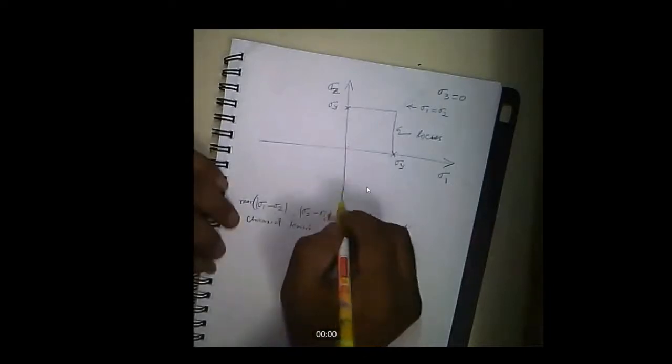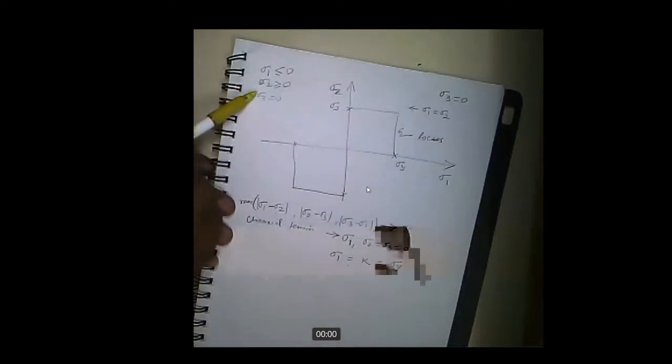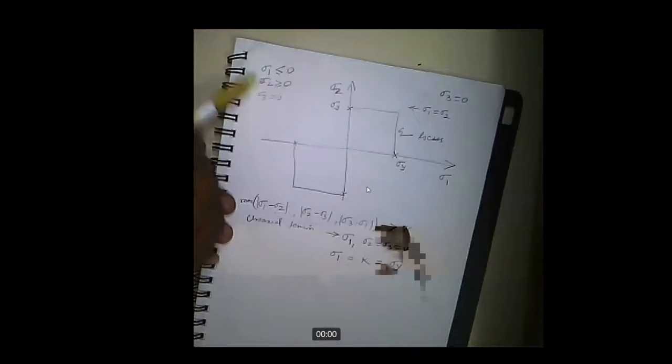Since it is symmetric, I can easily do the same thing over here and I'll get something like this. In this zone, sigma 1 is negative, sigma 2 is positive, and sigma 3 is equal to 0. Naturally, if you look at it carefully, sigma 2 minus sigma 1 will be the maximum value.